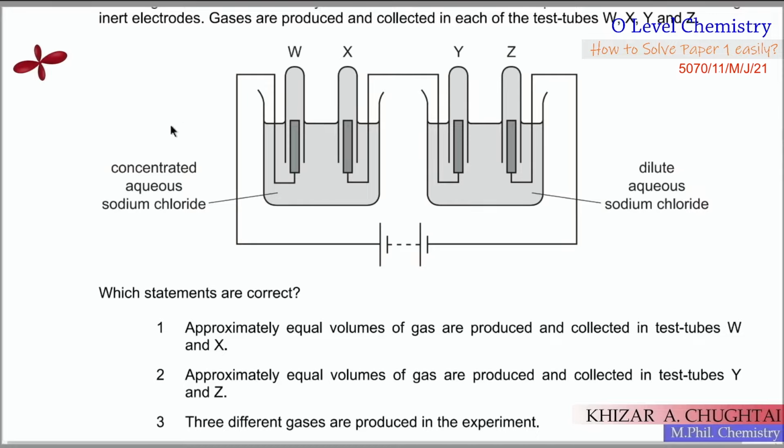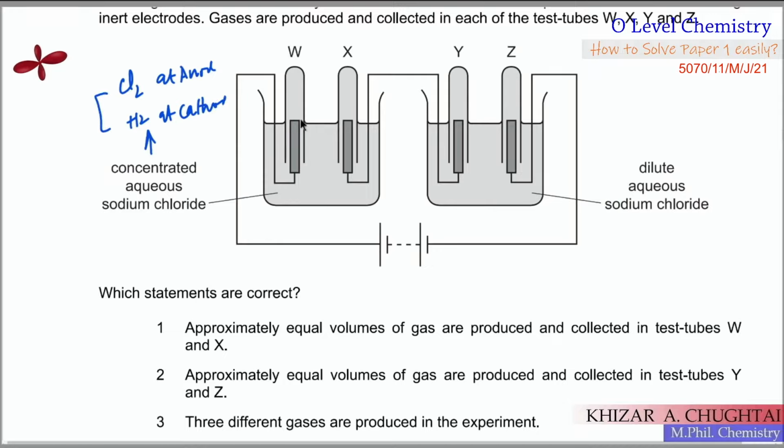Once again, it's a concentrated aqueous sodium chloride. At the anode, Cl2 will be formed, and hydrogen gas will be at the cathode.